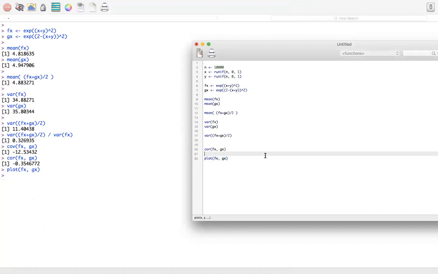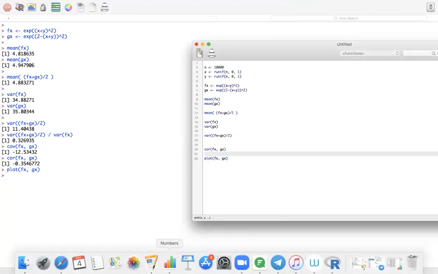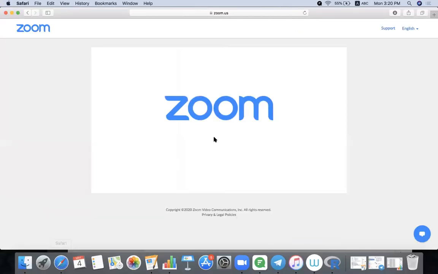All right. So okay with the antithetic variables, everyone. Okay, so now I'm going to cover the next topic, which is also another variance reduction method. This one is called control variables.